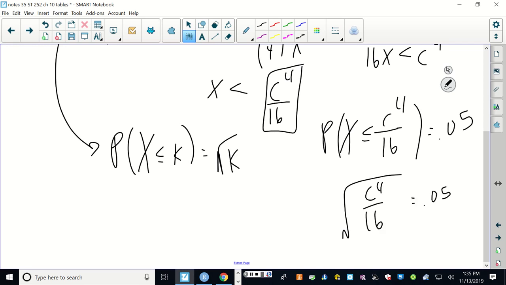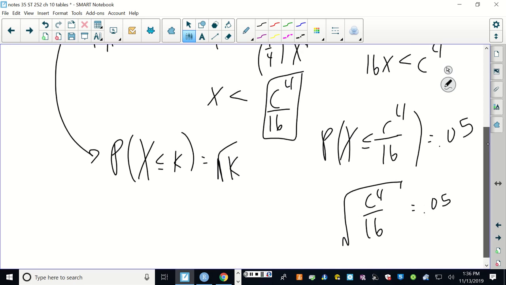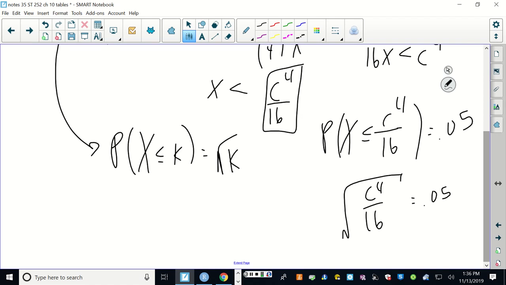Square both sides, and then you can solve for a value of c, and that's your cutoff. What do you do on this next part? Instead of doing square root, you do 4th root? 4th root, yeah. So that gives you a cutoff, an x value here.